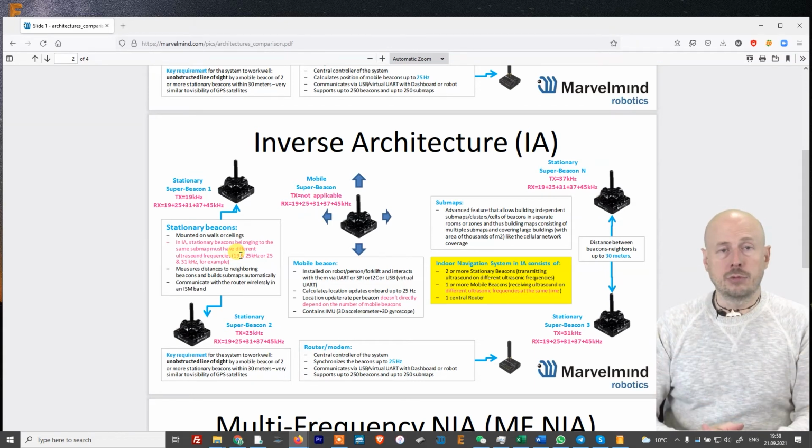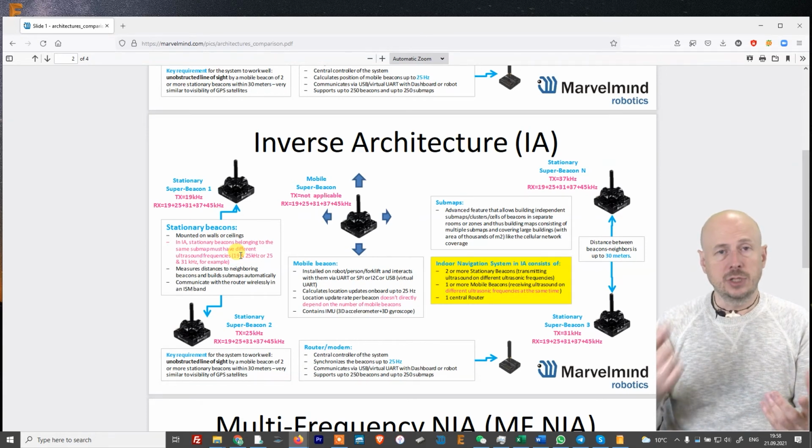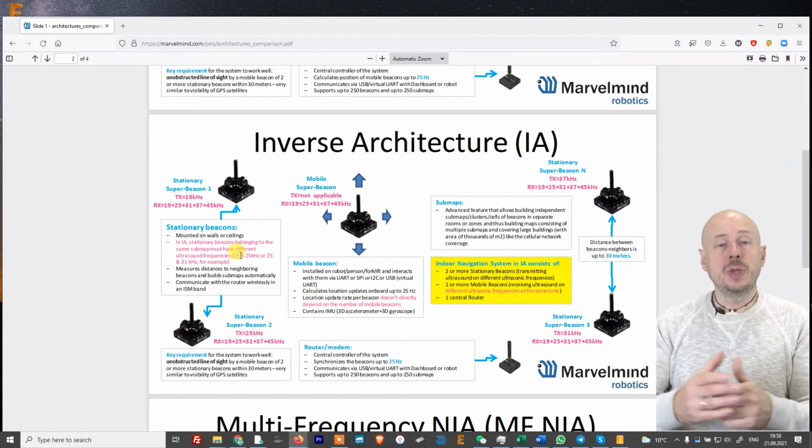And you can have whatever, 1,000 mobile beacons, theoretically, and they all will calculate at the same time, and the update rate doesn't depend on the number of mobile beacons. This is the biggest advantage of inverse architecture, and you can see our videos on YouTube where we run 100 mobile beacons, and the update rate is the same as with one.